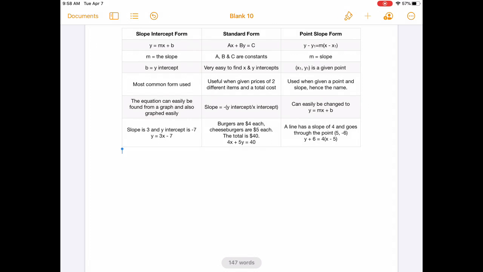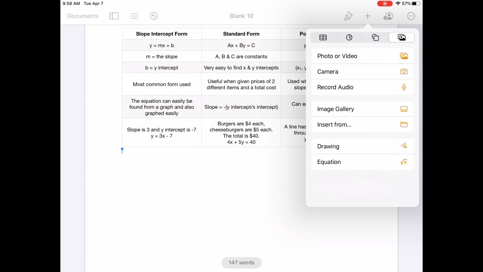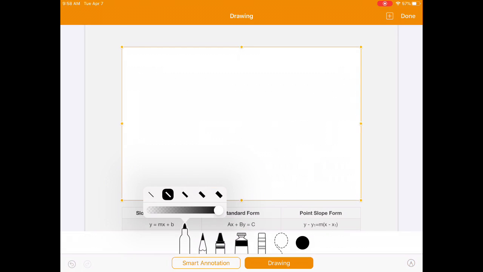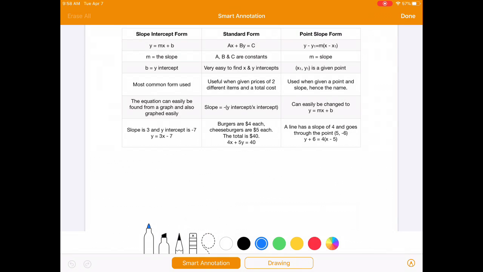So let me go ahead and pull up some writing utensils here. So if I have 4x + 5y = 40, and I want to find the x and y intercepts.